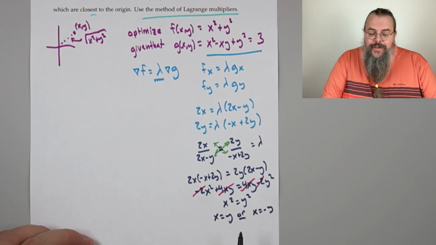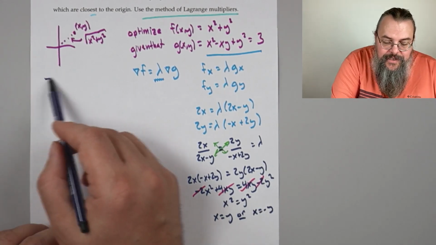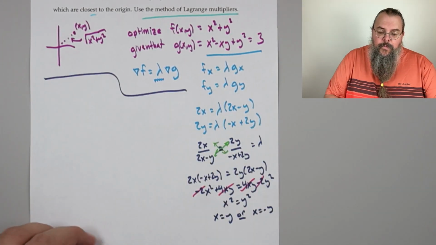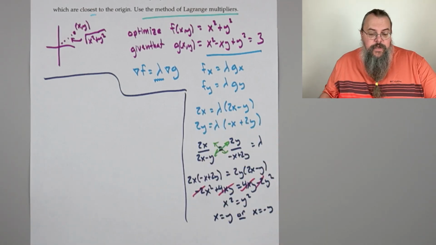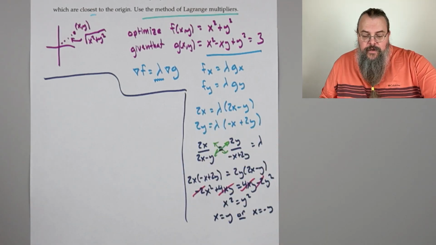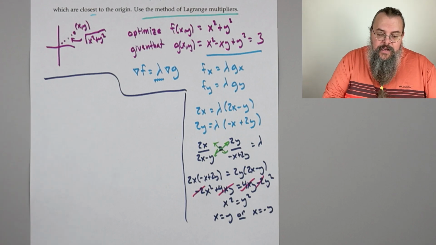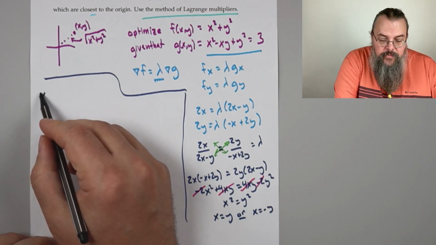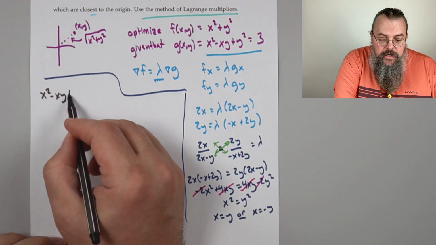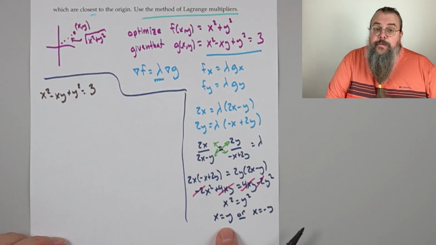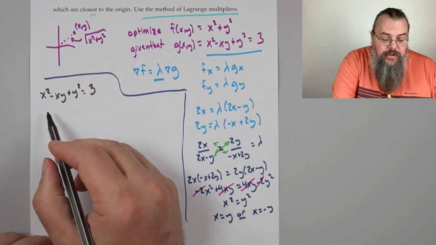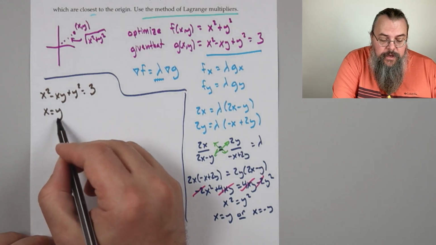All right, so here we go. Let's explore. We now know that we always have the constraint x squared minus xy plus y squared equals 3. And we have two possibilities. Let's do x equals y.